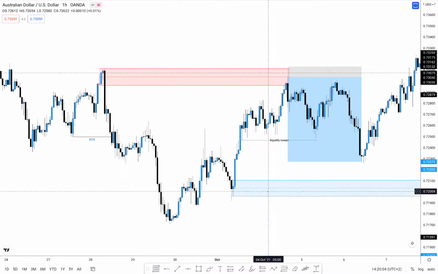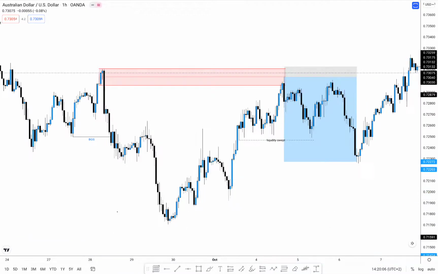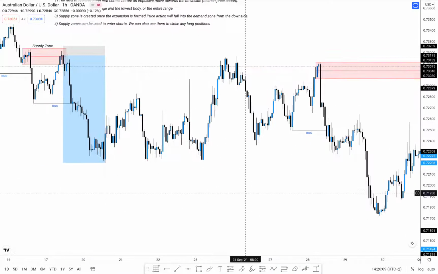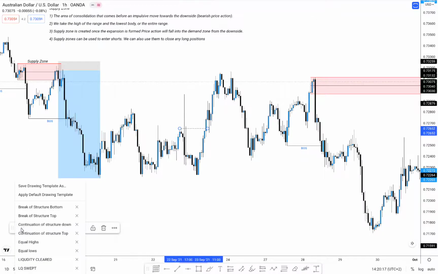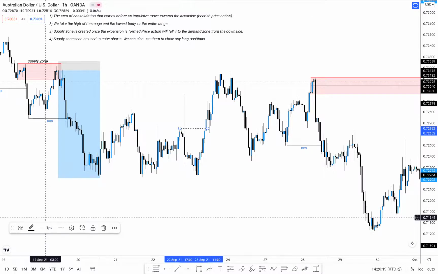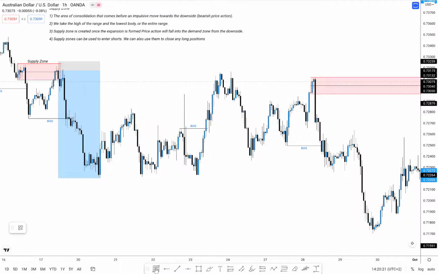And then from there, let's look for another demand zone since we couldn't get that one. Okay, perfect. Here's an example here. We have a clean break of structure, right? BOS top. And then from there, we have this nice consolidation block or range.